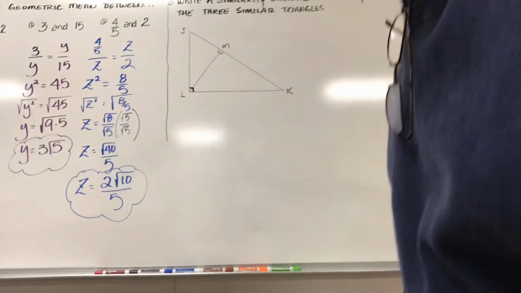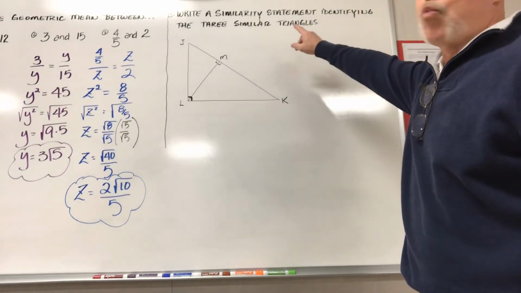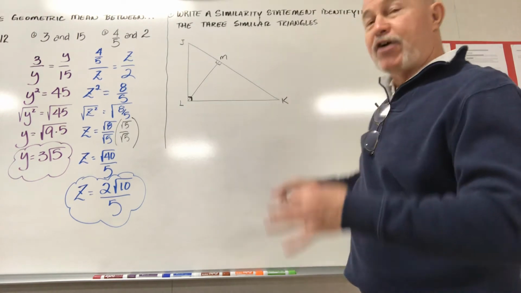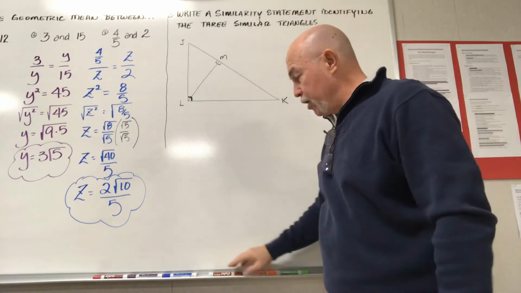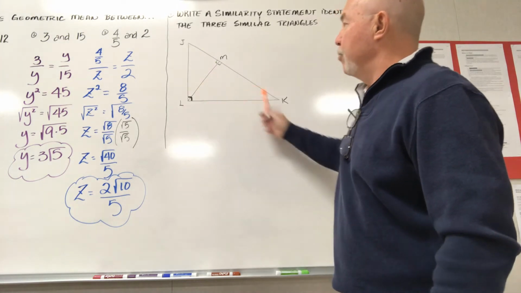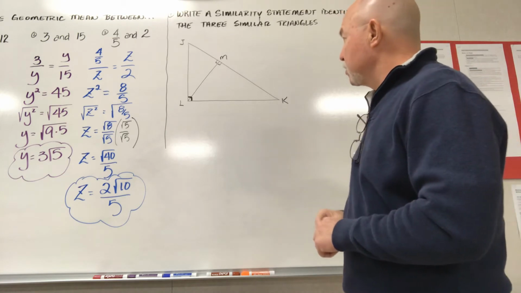Now, on this particular question, we have to write a similarity statement identifying the 3 similar triangles. We know we have one triangle, the big one.